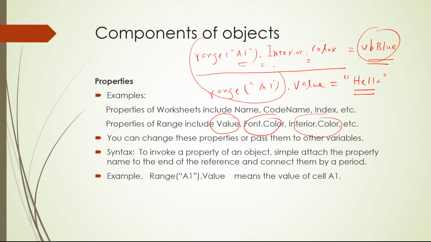These are the properties of a cell. And all objects have properties. For example, a worksheet has properties, right? Remember, in a worksheet, you have a tab name. That's the name of that worksheet, so that's a property of that worksheet. By assigning a different name, you would be changing the name you see on the screen.